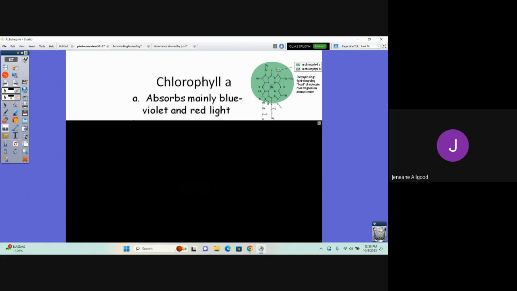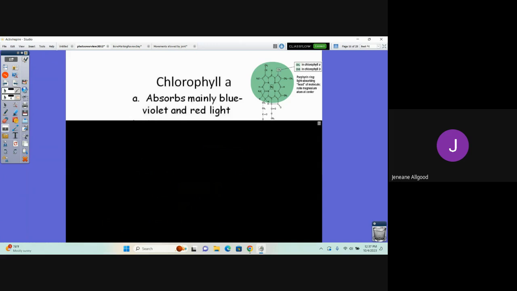So for each one of these, I'm going to tell you what color they absorb, what colors they appear, and then what their function is in a chloroplast. So this is chlorophyll A. This is what a molecule of chlorophyll A looks like.